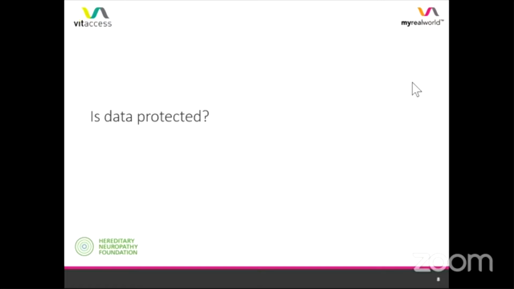So there's no danger of any personal identifiable information being viewed by researchers. And in addition to that, we've got a very robust, gold standard system for the security of our servers and encryption and that sort of thing.